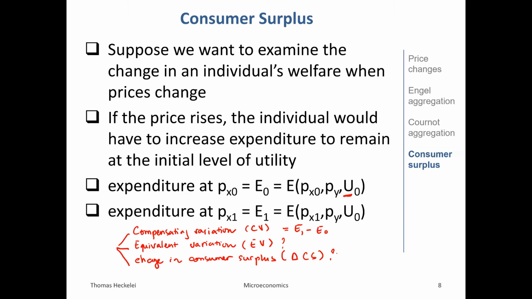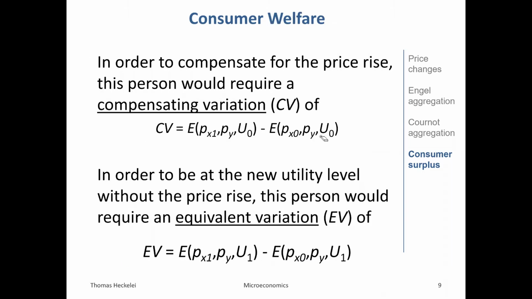Let's go. Again, with the compensating variation, we focus on the old utility level, U0, right? Now we could also turn around and look back from the new utility level, U1. And that is the focus of the equivalent variation.